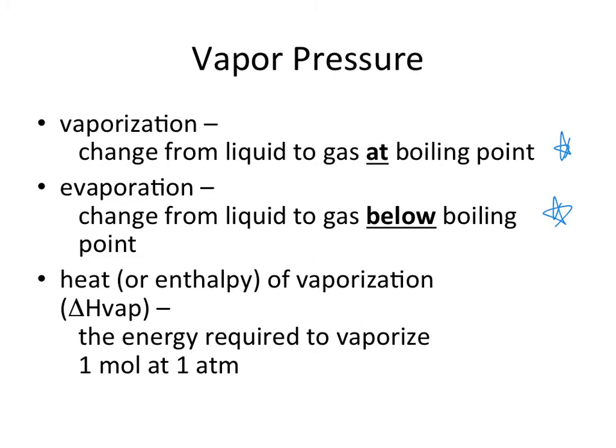Remember that some liquids are able to basically evaporate. We talked about perfume, things of that sort. And this process occurs below the boiling point. So we're going to just make sure that we're keeping that in mind whenever we're talking about things. If I say evaporation, I'm meaning something different than vaporization.